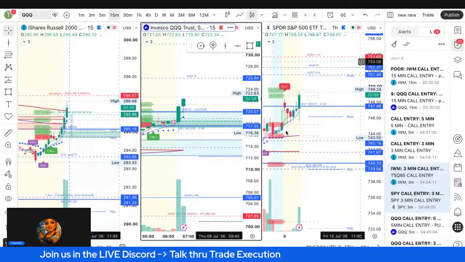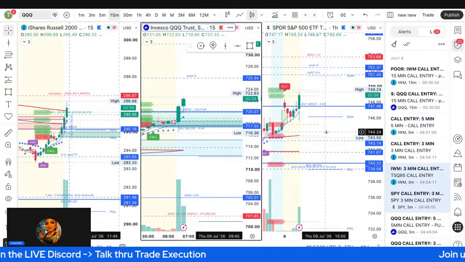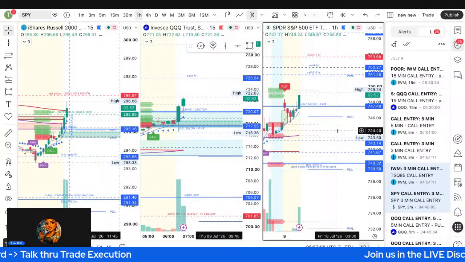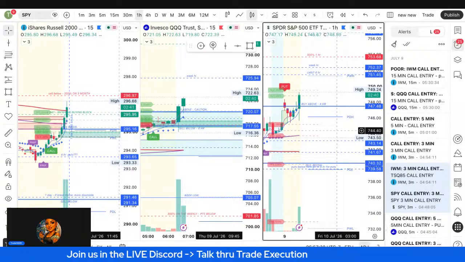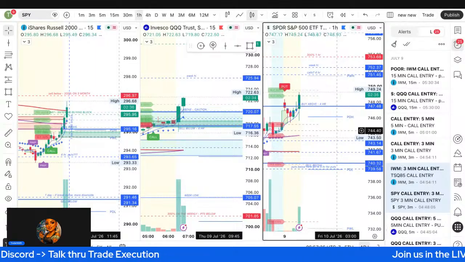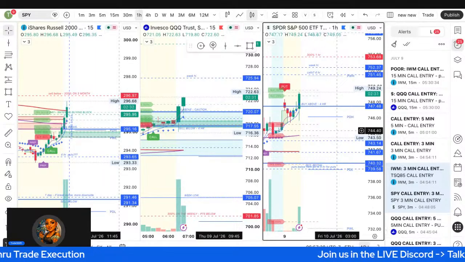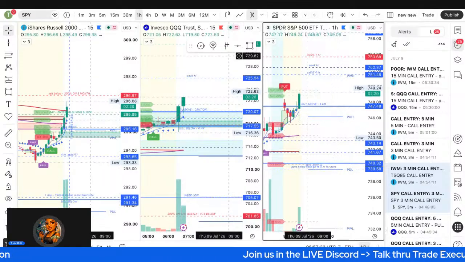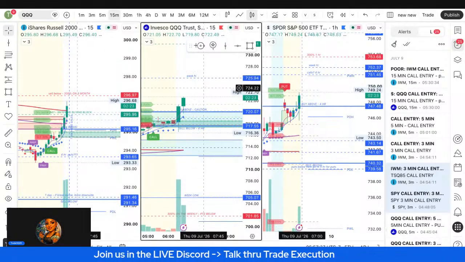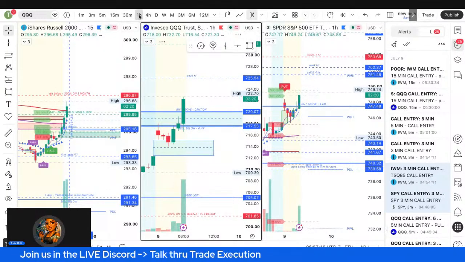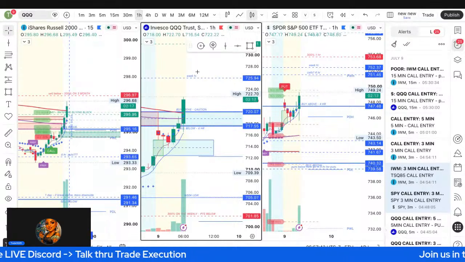Usually, when we have the top of the hour, we have a pullback into VWAP. So let me put you on the 1 hour here so we can have a better idea of what we're looking at.